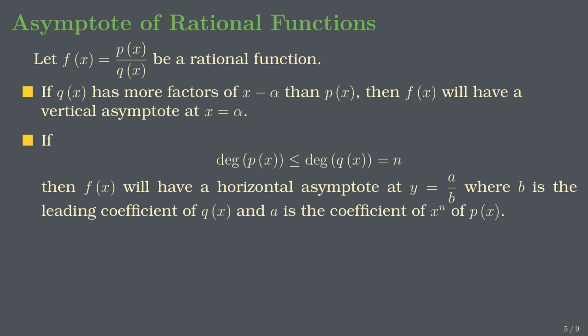The second condition is that if the degree of p(x), the numerator, is less than or equal to the degree of the denominator, then the rational function f(x) will have a horizontal asymptote at y equal a over b, where b is the leading coefficient of q(x), and a is the coefficient of x to the power n of p(x), where n is the degree of the denominator.